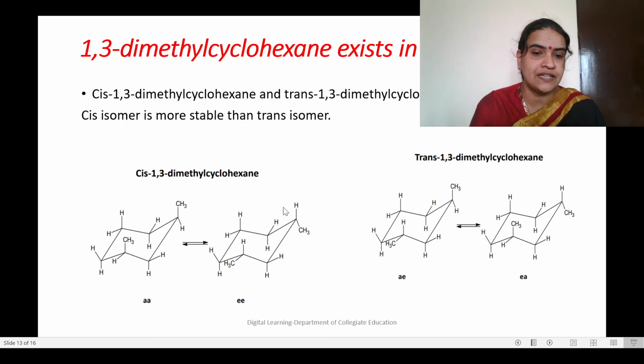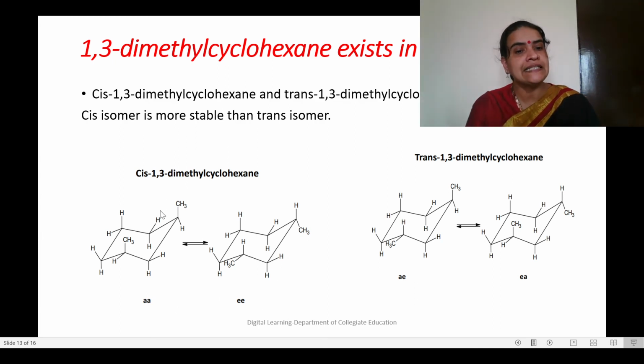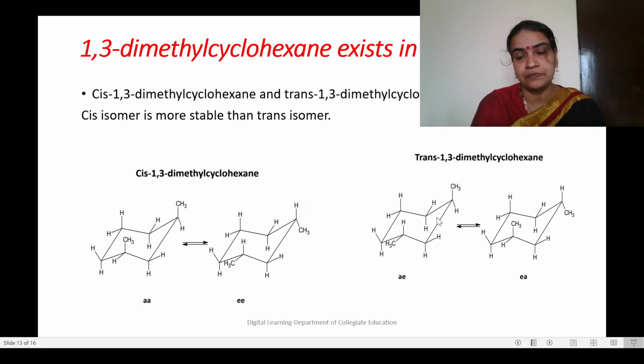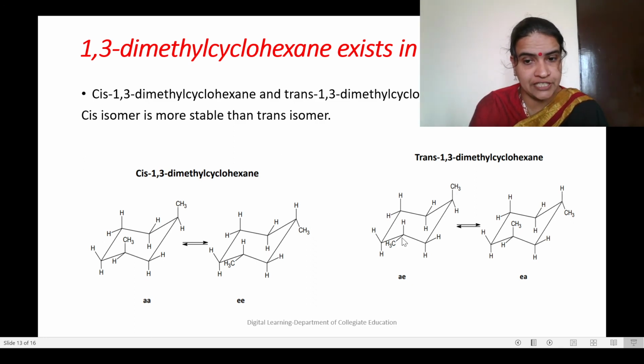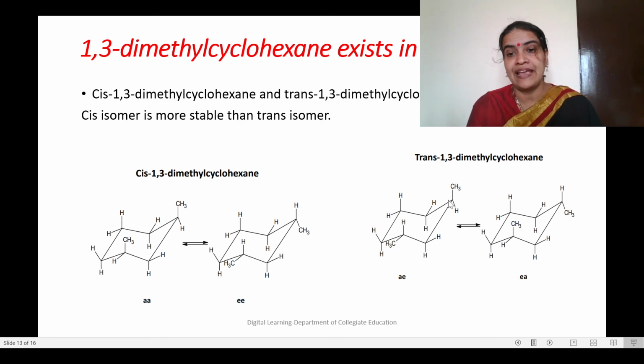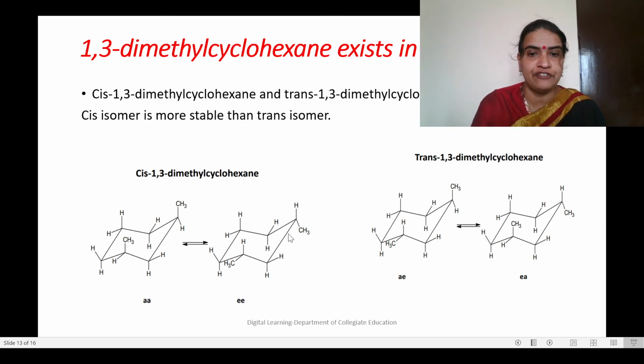Such structures are termed cis 1,3-dimethyl cyclohexane. Whereas in the trans form, one methyl group occupies the axial position and the other occupies the equatorial position. Axial-equatorial or equatorial-axial arrangement, both are the same.